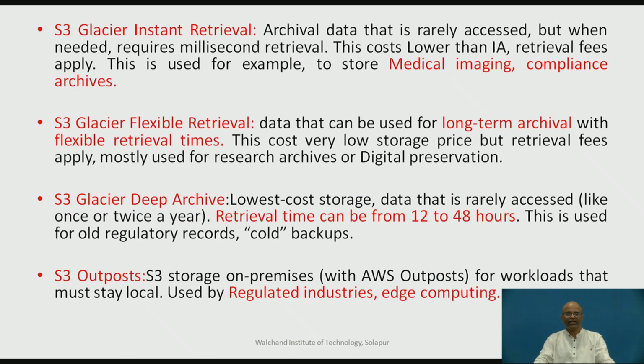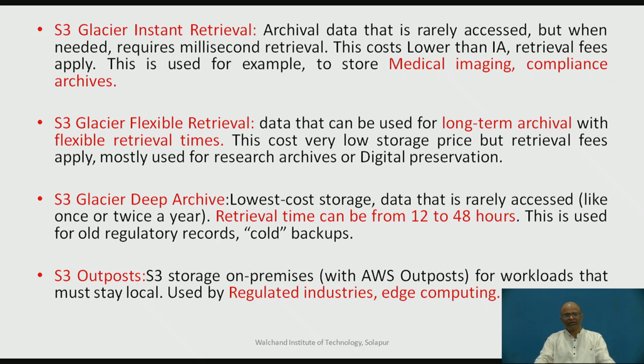Next is S3 Glacier Instant Retrieval. Archive data that is rarely accessed but when needed is required in milliseconds. This costs lower than infrequent access. Retrieval fees are also applied. This is used for examples like medical imaging, compliance archives and so on. Next is S3 Glacier Flexible Retrieval. Data that can be used for long-term archival with flexible retrieval times can go for this.